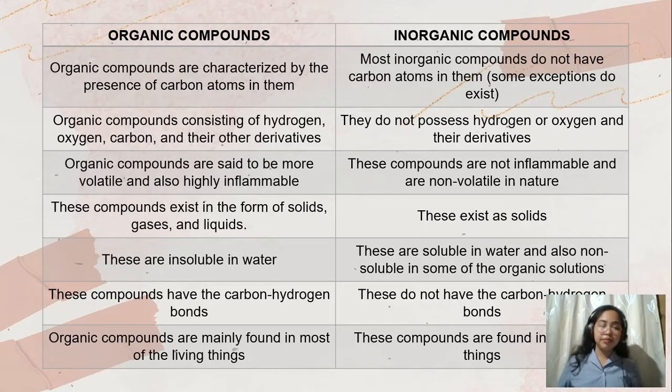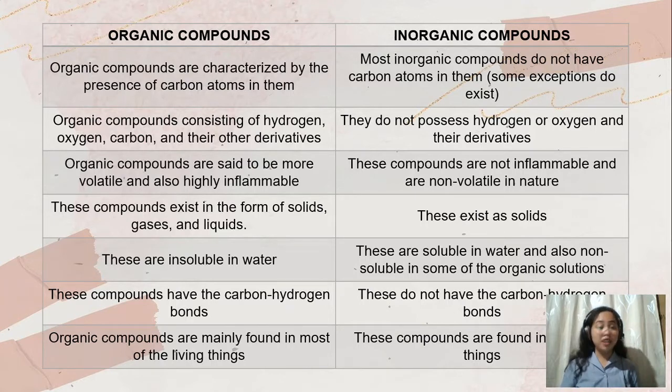Then next, organic compounds exist in the form of solids, liquids, and gases, while inorganic compounds only exist as solids. Organic compounds are insoluble in water, so they are not capable of dissolving in water, while inorganic compounds are soluble in water, so they are capable of dissolving in water, and also non-soluble in some of the organic solutions.